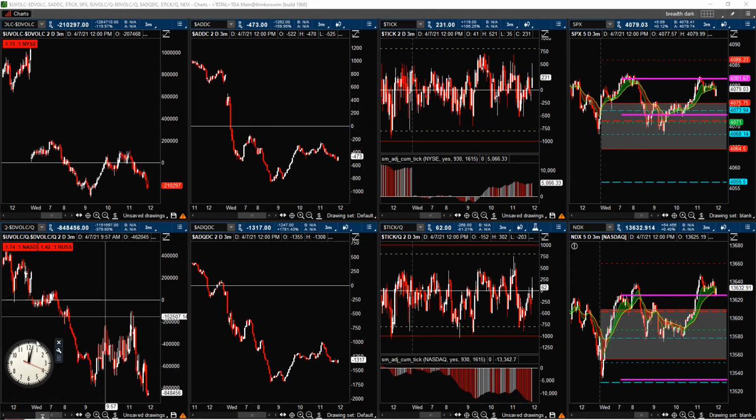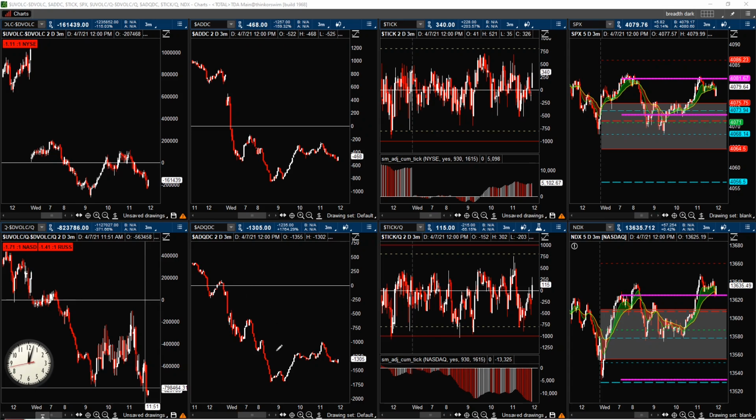As you can see, here's the time, less than an hour to go. Here's the NASDAQ up-down volume. The up-down volume ratio is minus 1.73, so 1.73 times more down volume than up volume. It's been negative most of the morning and throughout the session here in the afternoon, and right now it's getting more negative.